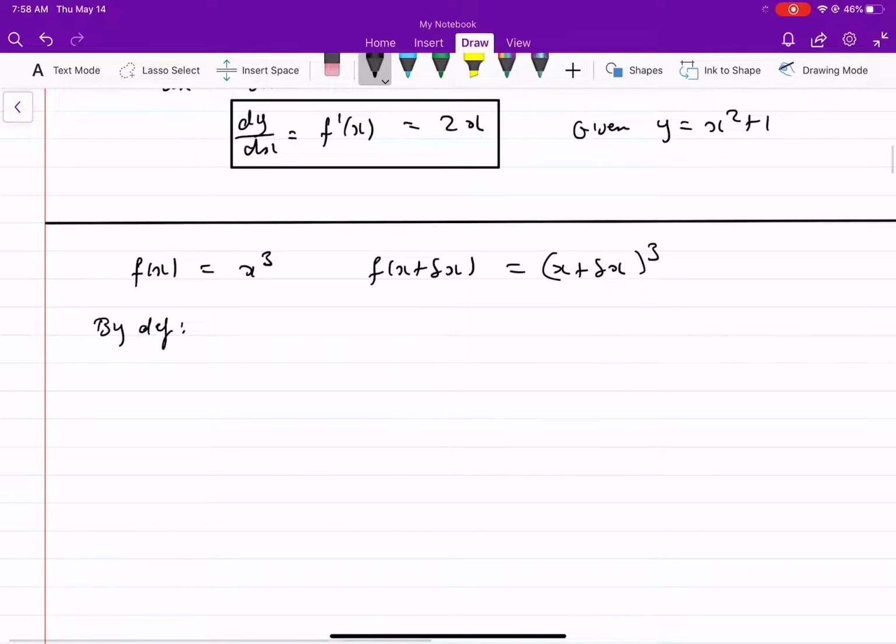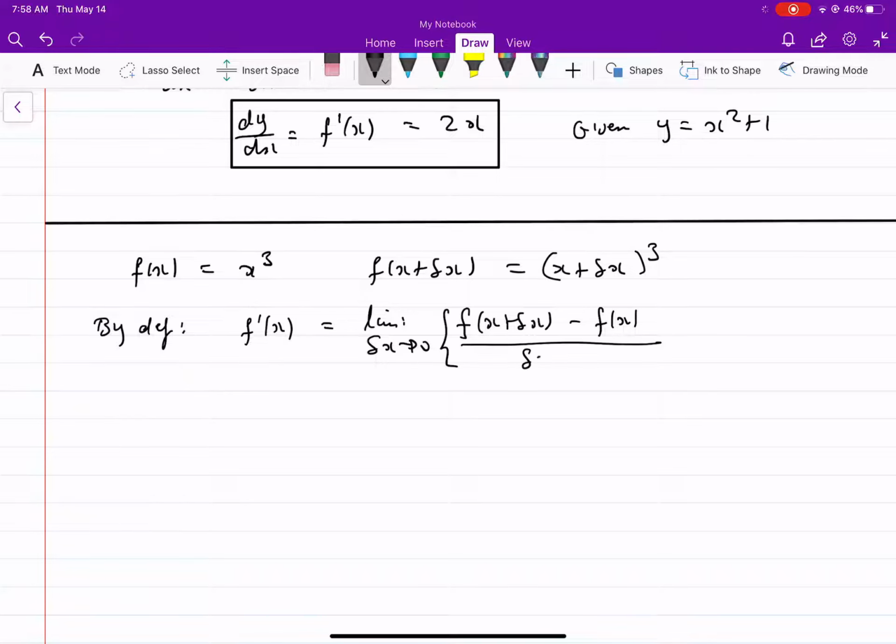And we know that by definition, dy/dx, or f prime of x, I'm going to start referring to it as f prime of x from here, is equal to the limit as delta x approaches 0 of f of x plus delta x minus f of x all divided by delta x, like so.